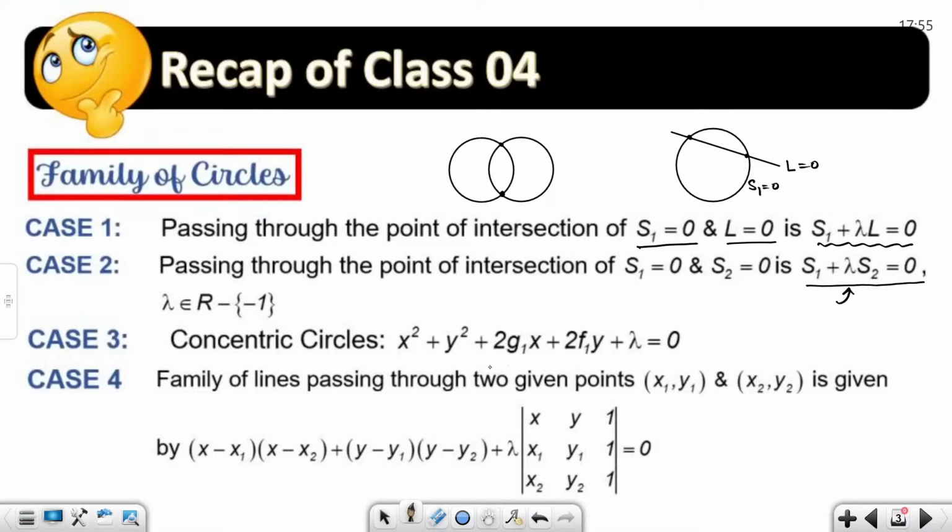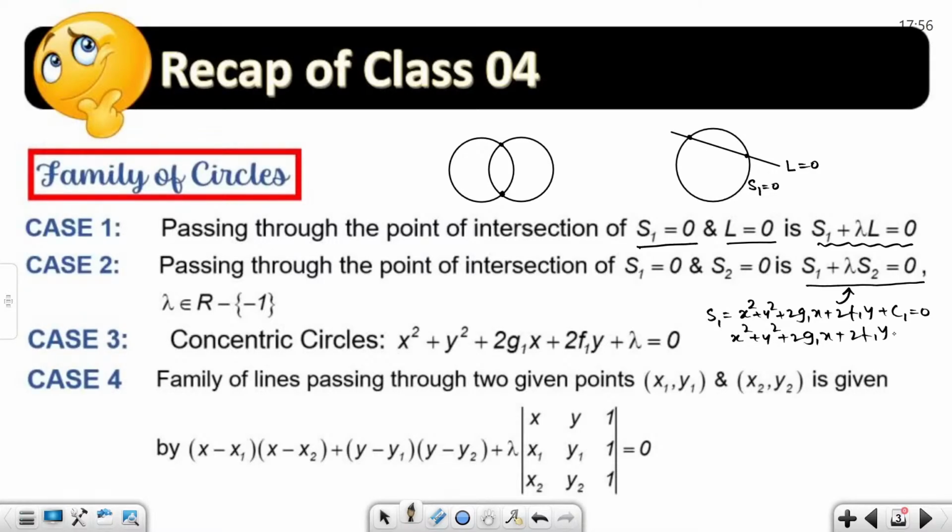Next, we have learned for concentric circles, we know that if the equation of any circle is, let us say, x square plus y square plus 2g1x plus 2f1y plus c1 equals to 0, then the equation of any concentric circle to this circle is given by x square plus y square, everything remains same.